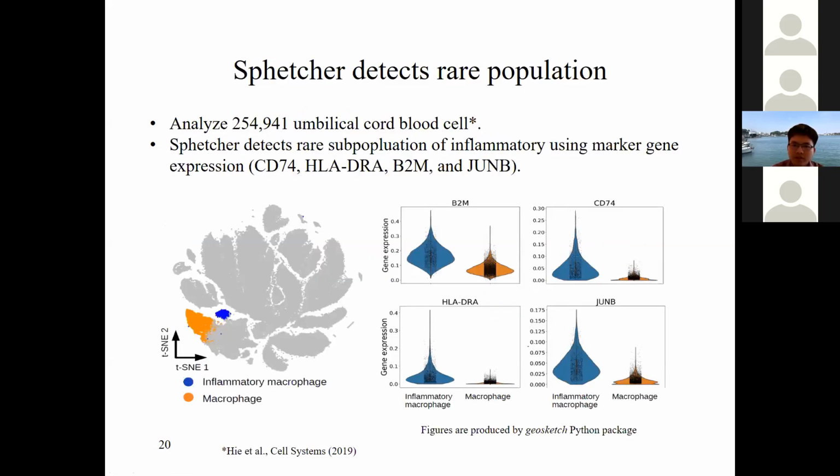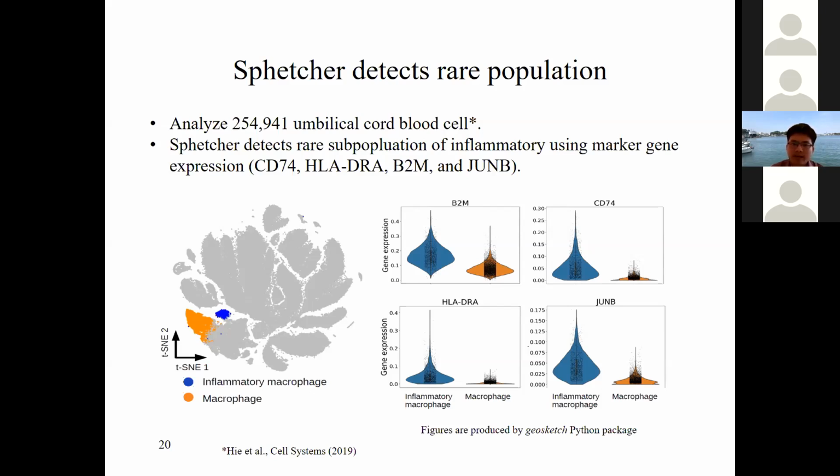Next, we want to show that our method is sensitive to rare cell type detection. So we just reanalyzed the umbilical cord blood cells, where the authors detected a new cell type using symmetric sketching. This new rare cell type is not visible if you use the full data or if you use uniform subsampling.